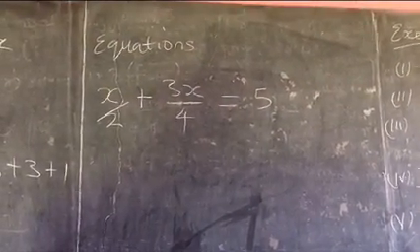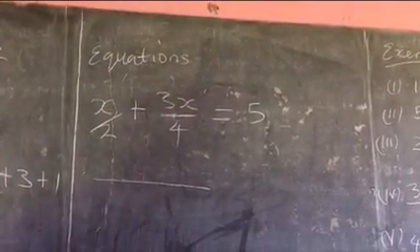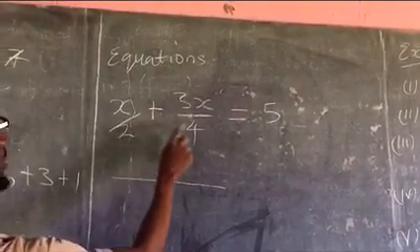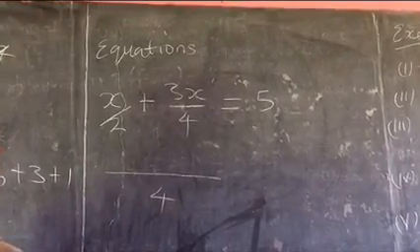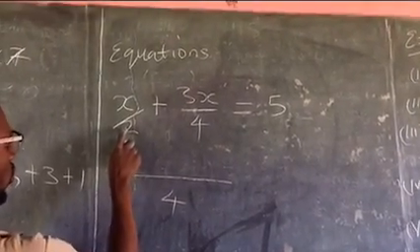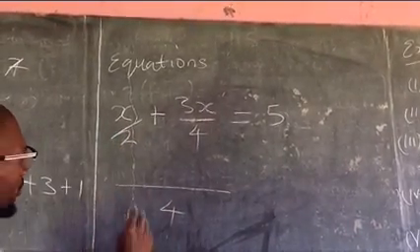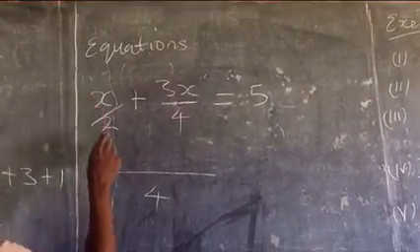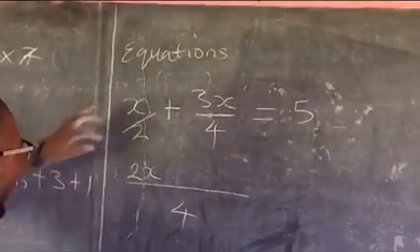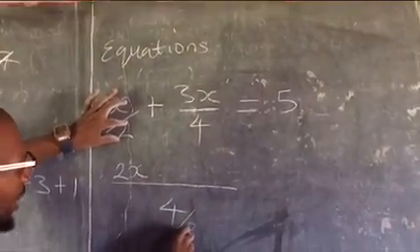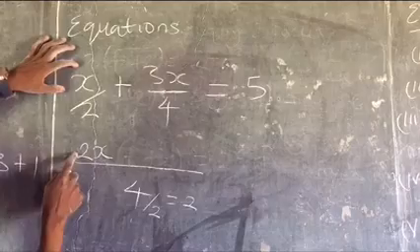Now what will happen is that here we collect the LCM between these two numbers, which is 4. So we divide 4 by 2, which gives me 2. I carry this 2, multiply it by the x up there, and it will give me 2x.